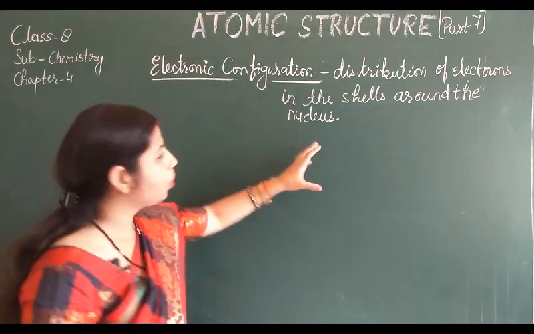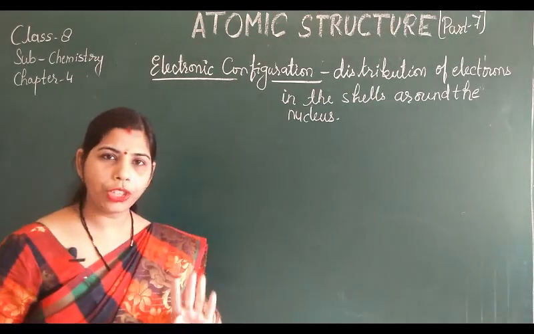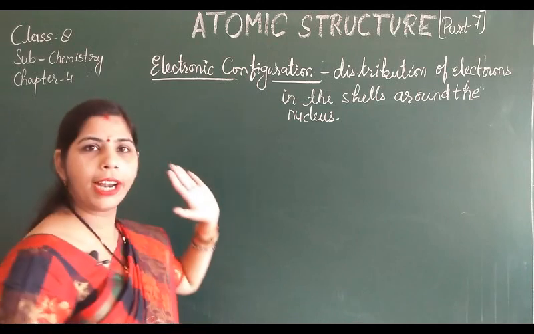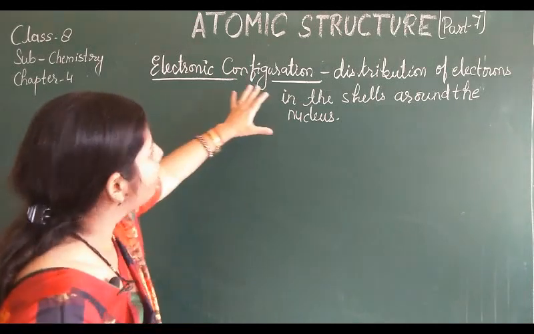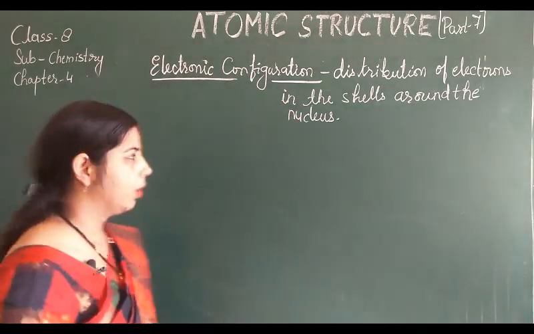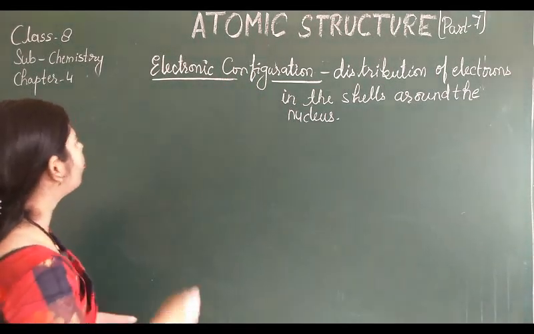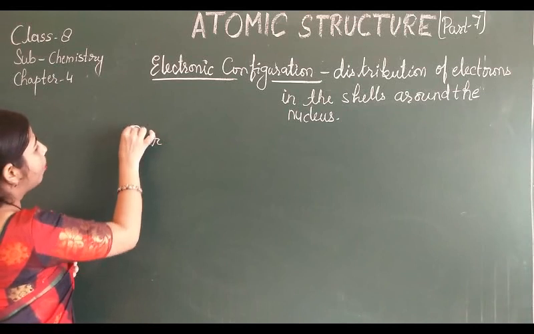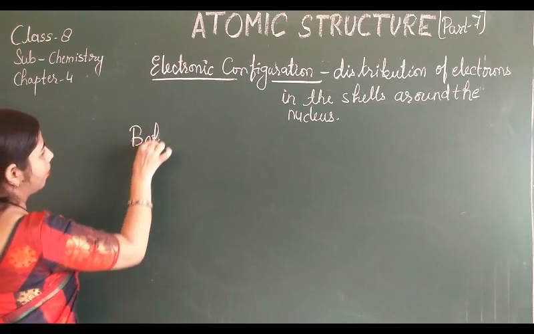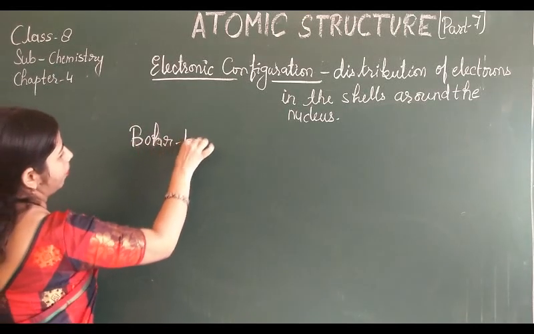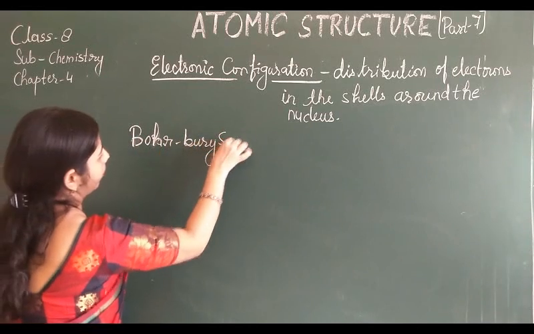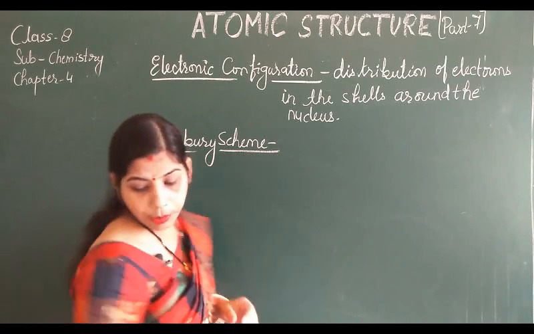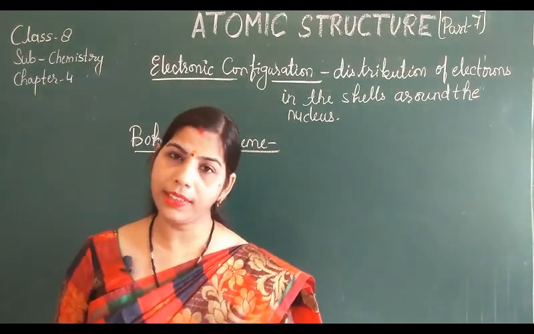So previously I told you that there are 4 shells K, L, M, N as per the Niels Bohr atomic model. Now when they are going to fill the electrons, how are they going to fill? So here a scheme is there, that is the Bohr-Bury scheme. As per the Bohr-Bury scheme, what did he tell exactly?